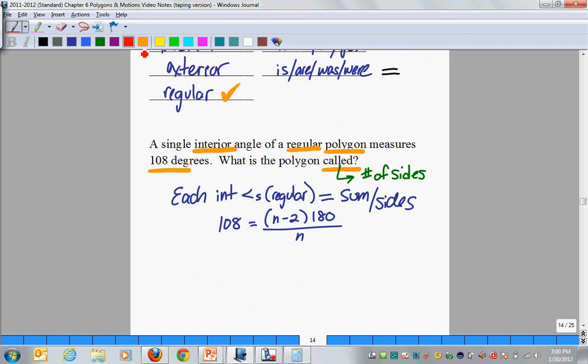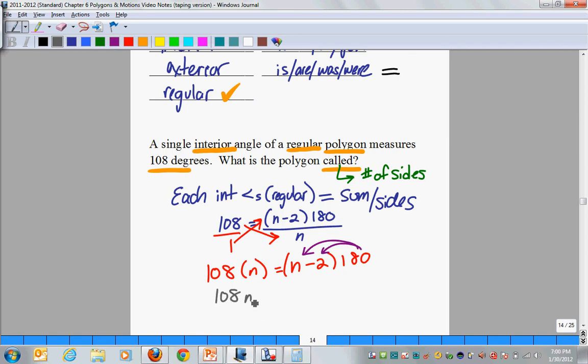So from here, we put this over 1 and cross multiply. So we get 108 times n equals n minus 2 times 180. We want to get n on the same side, so I'm going to distribute. My next line reads 108n equals 180n minus 360.